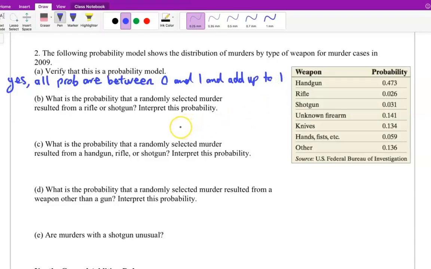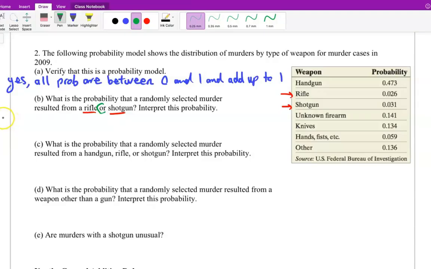Now part B: what is the probability that a randomly selected murder results from a rifle or shotgun? Here is rifle and here is shotgun, and in between we have or, exactly the same as the previous example.